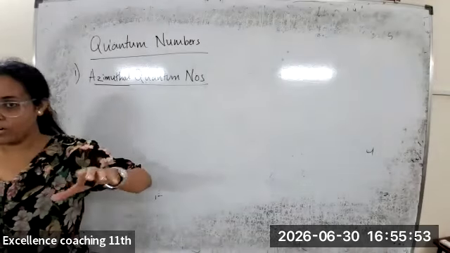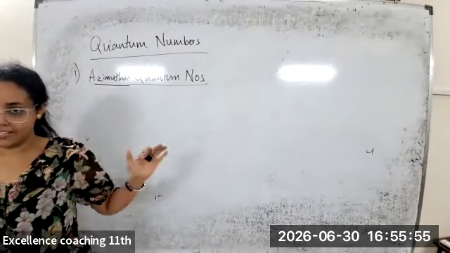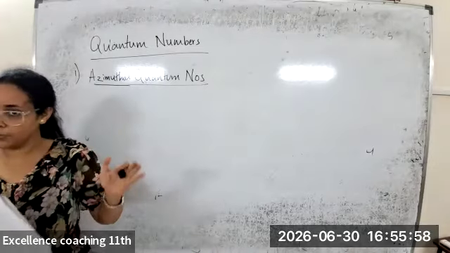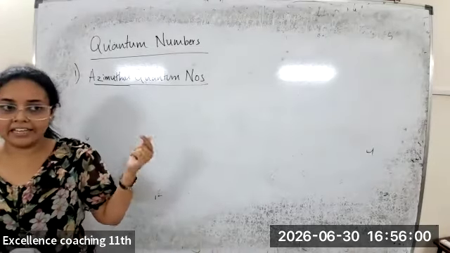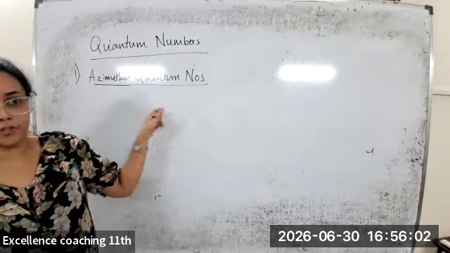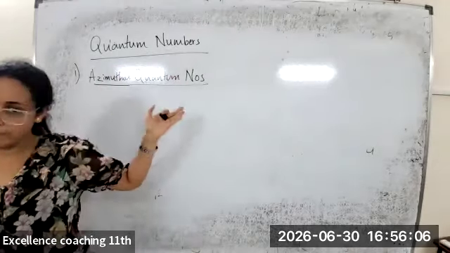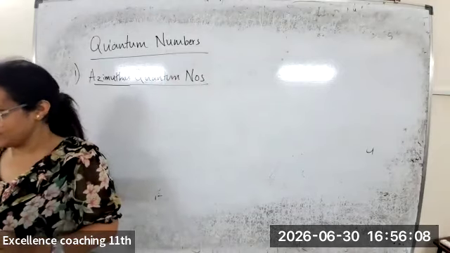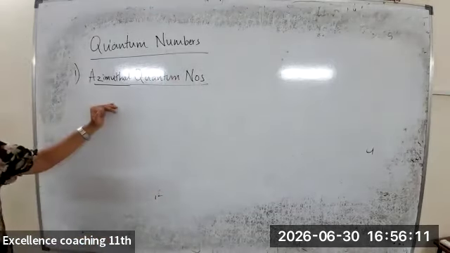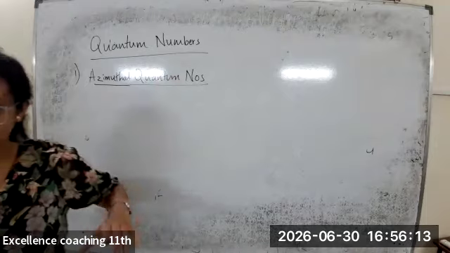The principal quantum number focuses on the shells, which are placed outside the nucleus. So we have the K, L, M, and so on, and for those shells, we have the numbers 1, 2, 3, 4 so far. Whereas the azimuthal quantum number focuses on the subshell.